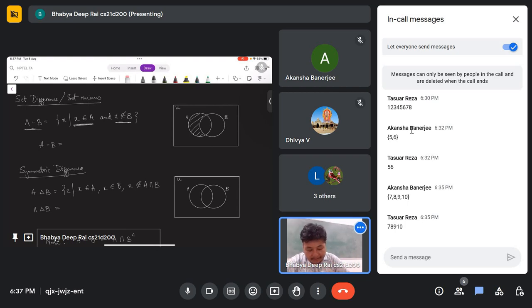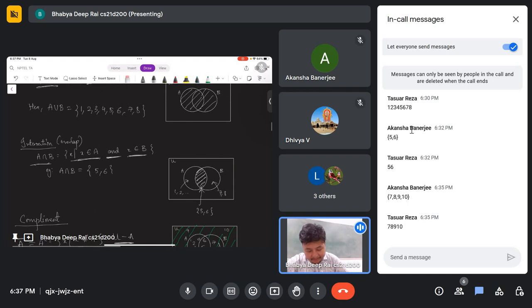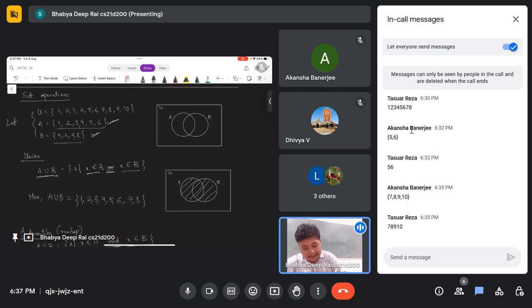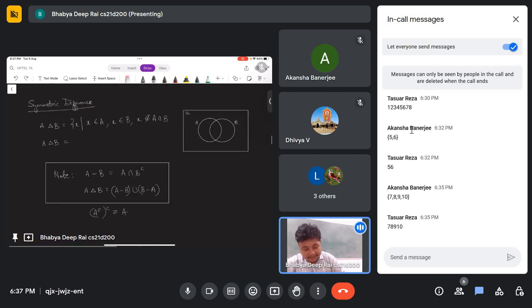Now similarly, if we see here between A and B, you can see that 5, 6 is shared between them, and you are removing that chunk from A. So what remains is 1, 2, 3, 4. Let me write it down.